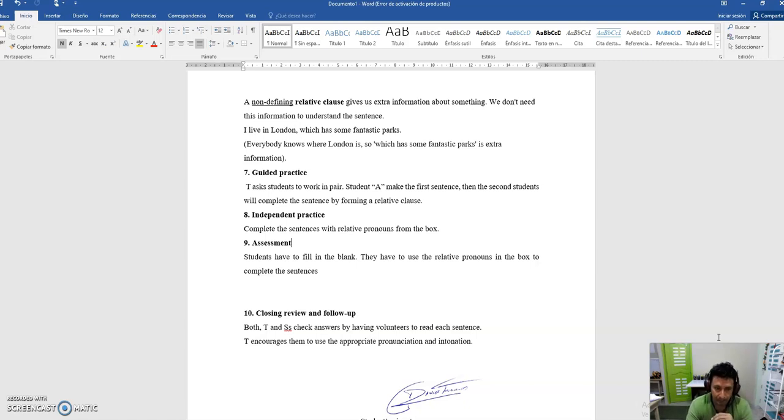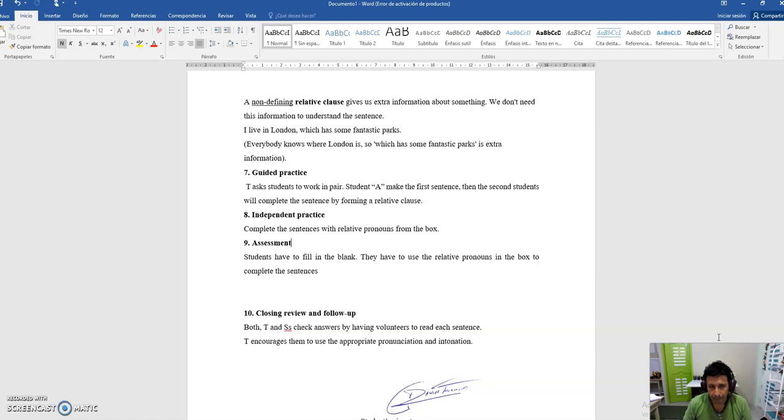And finally, the 10th step is the closing, review and follow up. As the word says, closing review, I have to see how the class was, what the positive and negative aspects are, if they have problems, what they like more, what they don't like, and I have to evaluate their feelings about whether they learned.